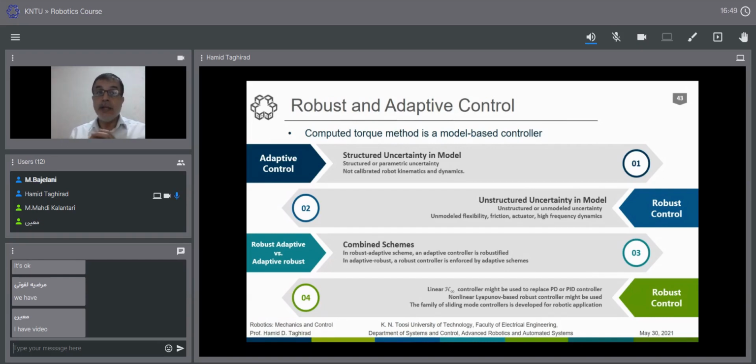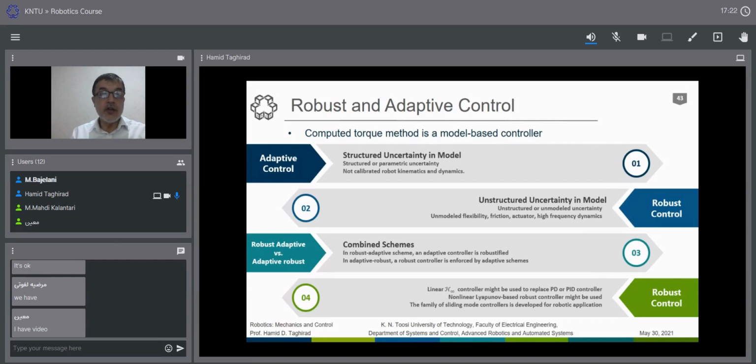If we assume that the structure of the system, the model, is well developed, and we have quite effectively derived the model of the system, and only the parameters of the model are not well known, this comes into one category of nonlinear uncertain systems that we call a system with structured uncertainty.